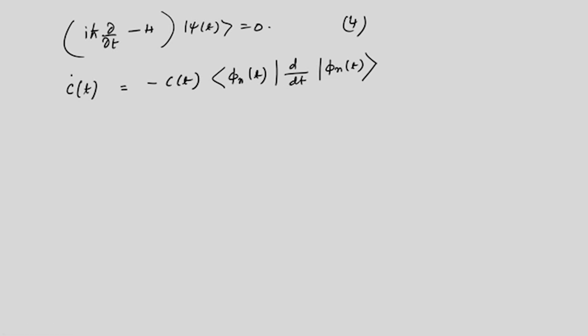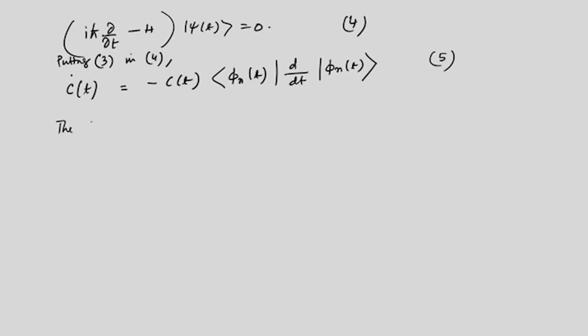So, this is the Schrodinger equation. So, 4 and 5. So, putting 3 in 4 we get 5. Okay. And so, this is the equation of motion for C.